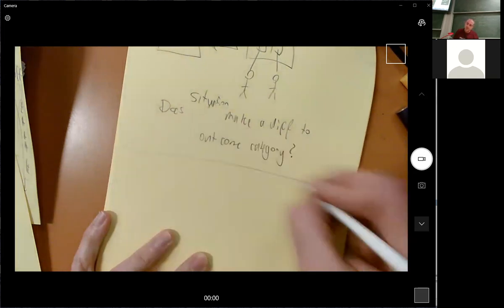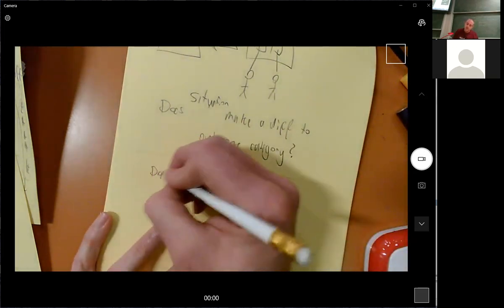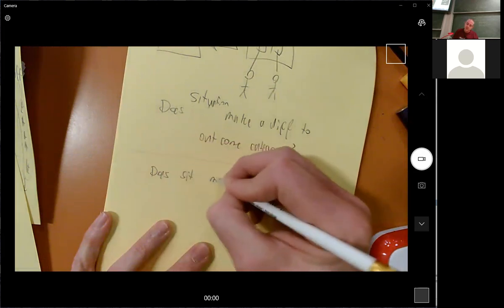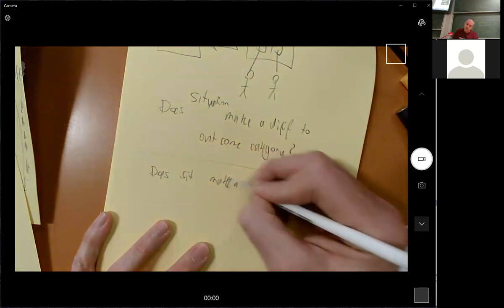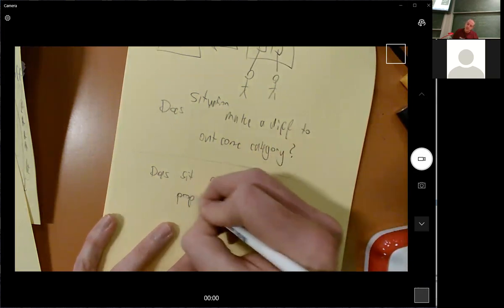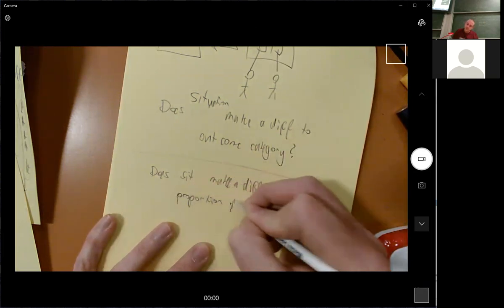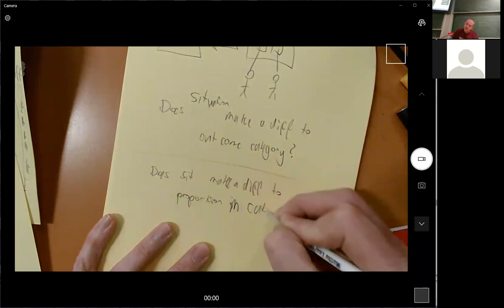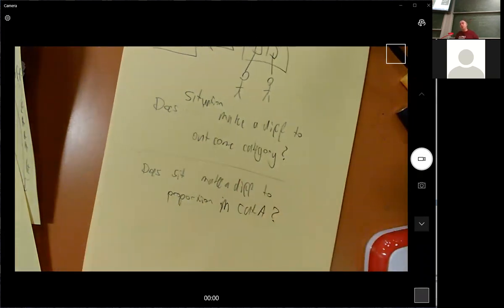One option is, does the situation make a difference to the proportion in category A or category B or whatever category it is?